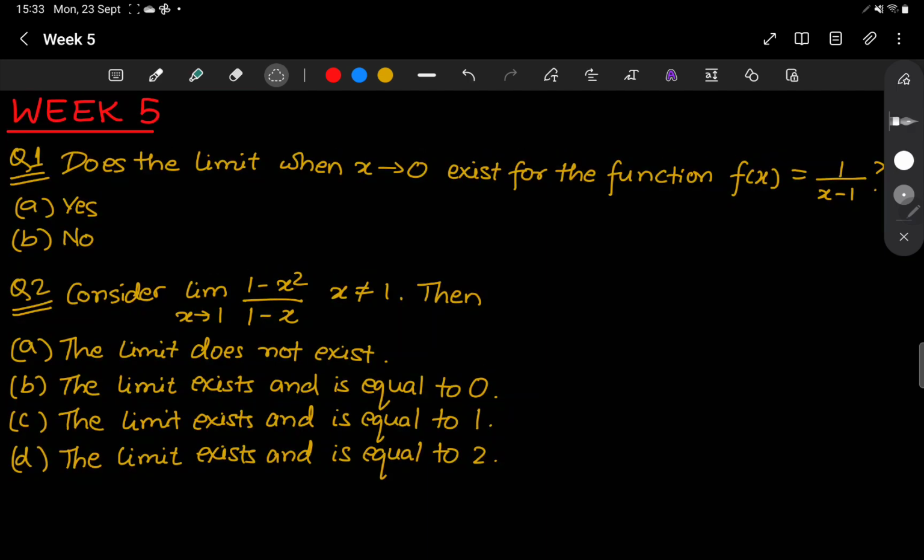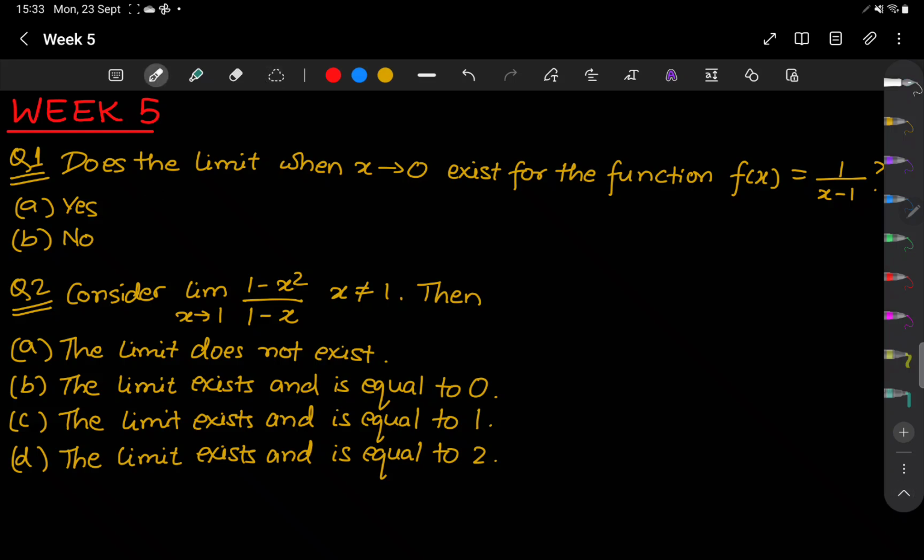Okay, so let us now discuss the solution. Limit x tending to 0 of the function.